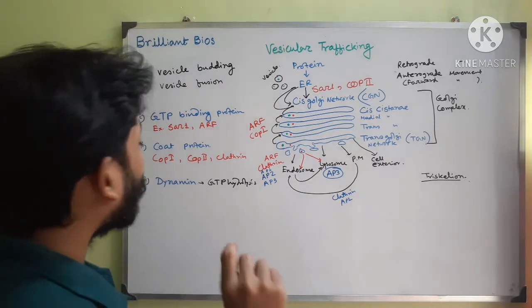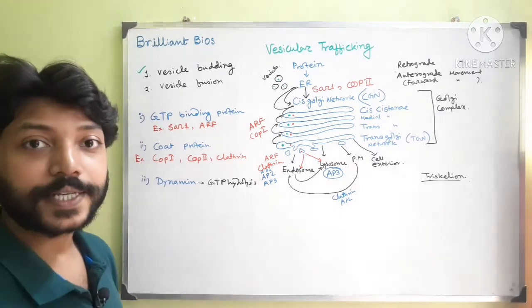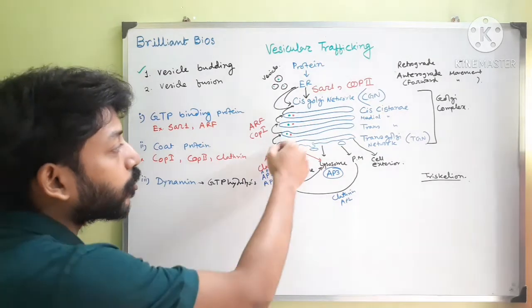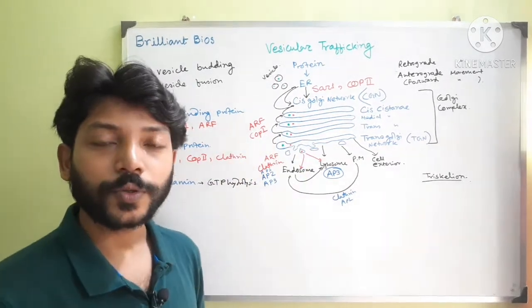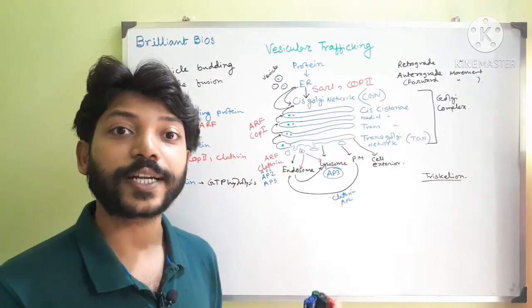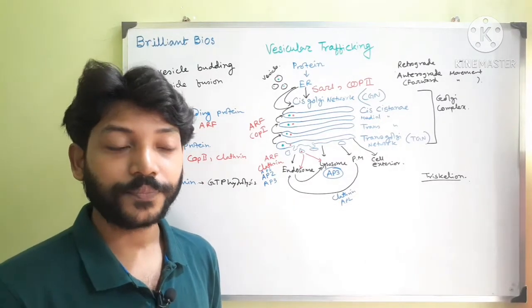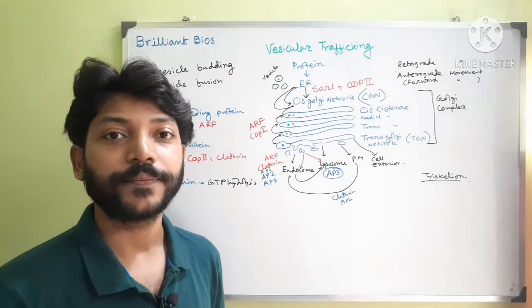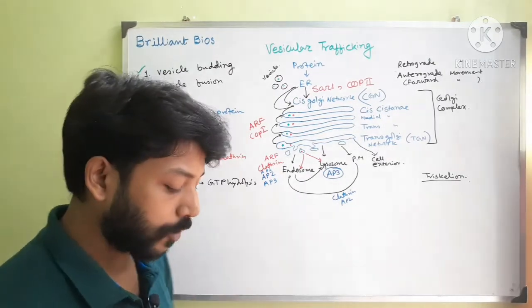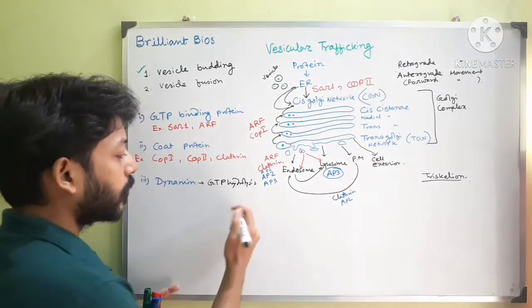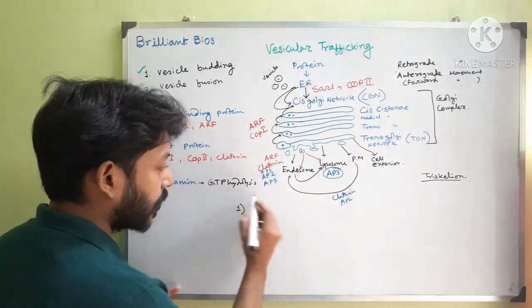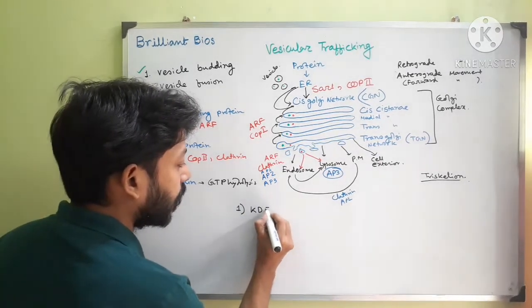Another important thing I forgot to mention: during this retrograde movement or retrieval process, there are many signal sequences that can be identified for this retrieval movement. I will give you only 2 examples that are so important. One signal is called KDEL.